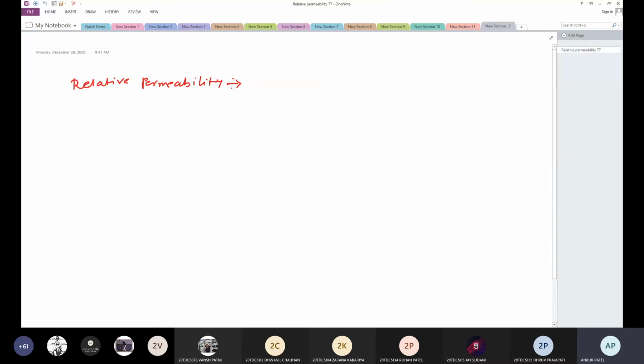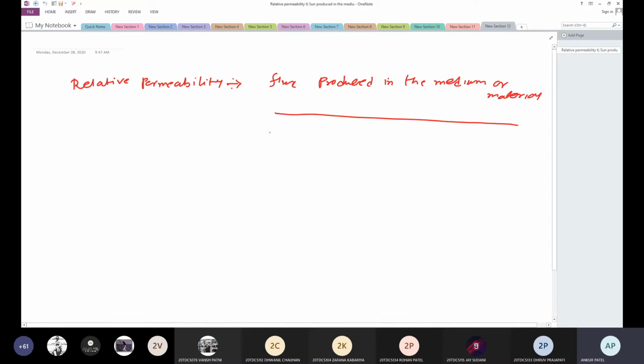So the relative permeability of a medium or material is defined as the ratio of flux produced in the medium or material to the flux produced in vacuum.